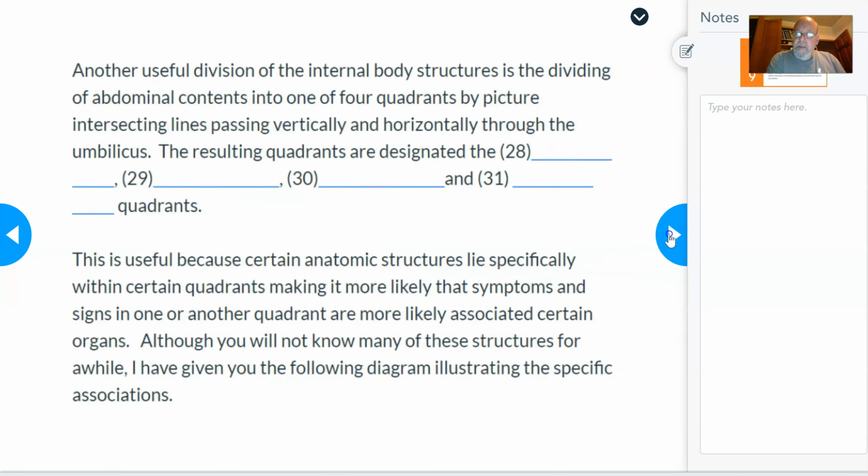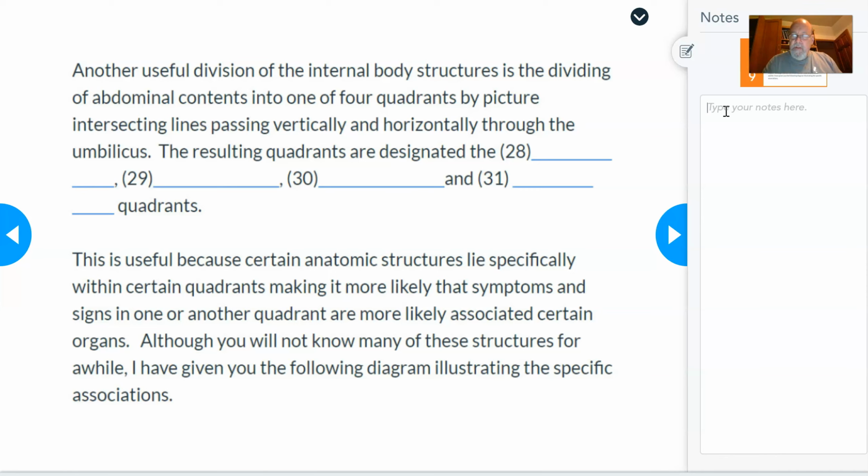Another useful division of the internal body structures is the dividing of abdominal contents into one of 4 quadrants by picturing intersecting lines passing vertically and horizontally through the umbilicus, or the navel.